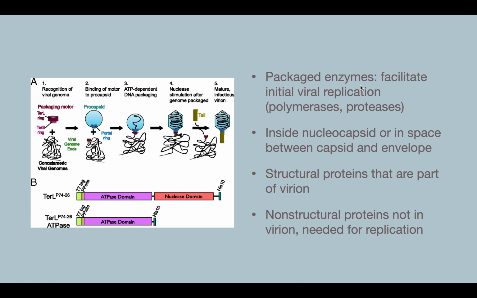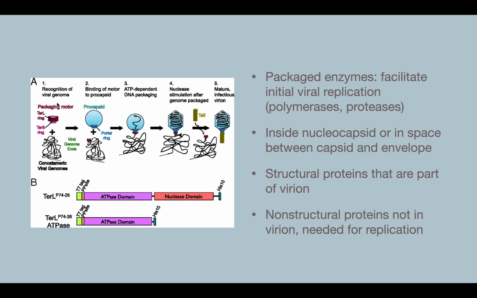The packaged enzymes are going to facilitate the initial viral replication. So these are going to be the polymerases and the proteases, and they are inside the nucleocapsid, or in the space between the capsid and envelope. The structural proteins that are part of the virion are not part of the packaged enzymes, they're part of the actual genome. The non-structural proteins are not going to be within the virion, they're going to be encoded in the genome.